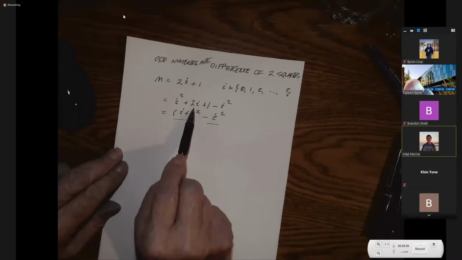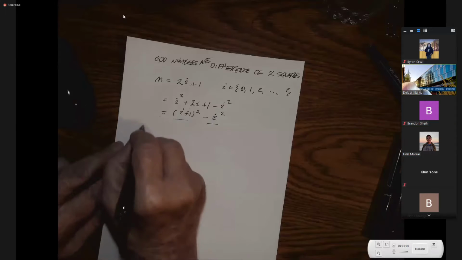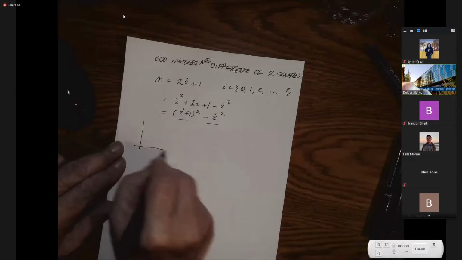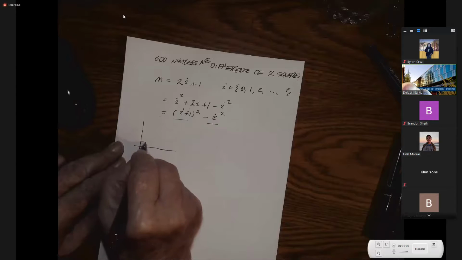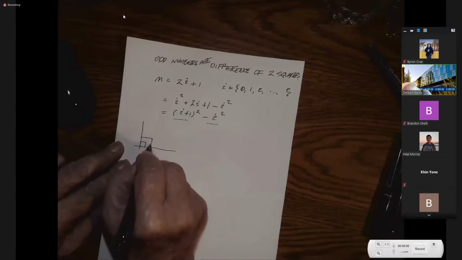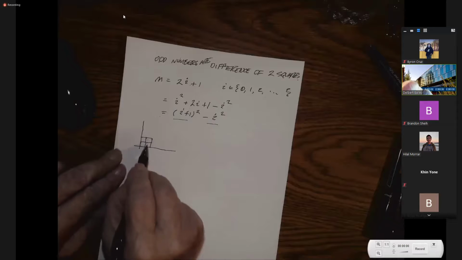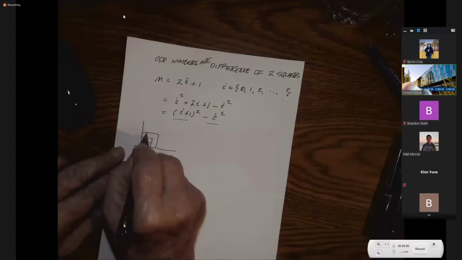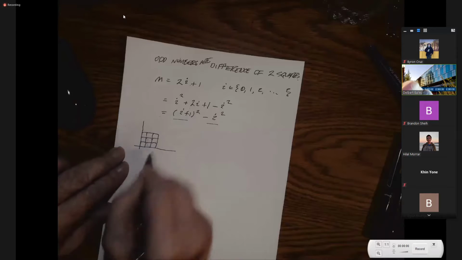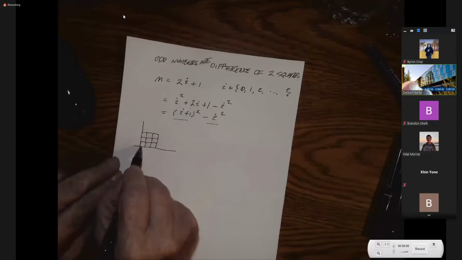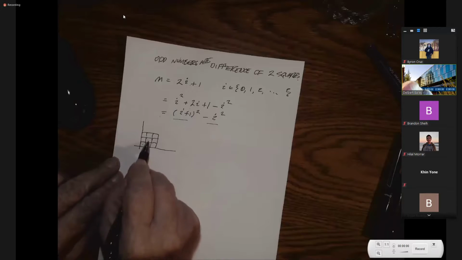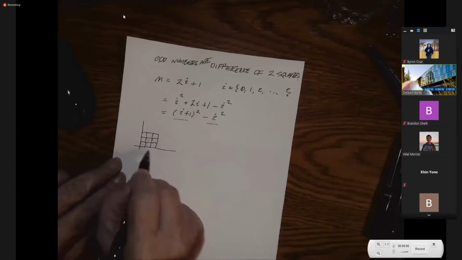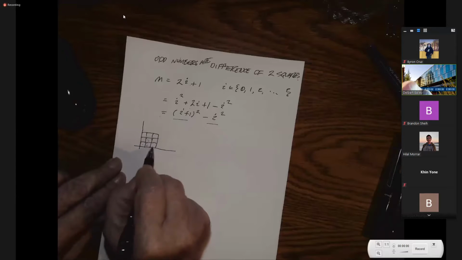Another thing with this is if you examine this little construction, like say here I've got 1, and then here I've got 1, 2, 3. Notice this is 1 squared, this one's 2 squared, and this one is 3 squared.